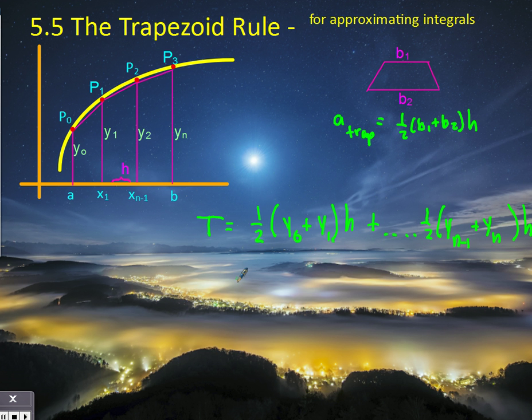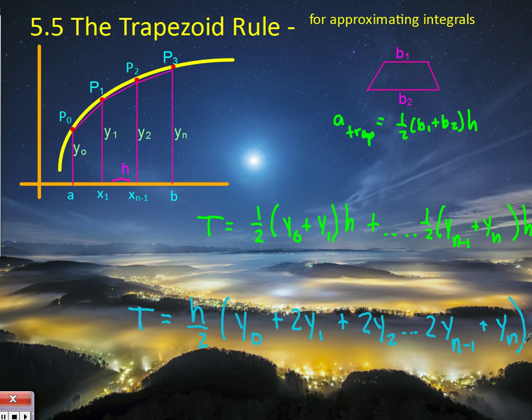I can simplify this expression by saying the following here in blue. You notice there's going to be an h on every trapezoid. H is the horizontal distance between all the trapezoids, so I can factor that out. When I factor out the h and I multiply it by 1/2, I would have h over 2. The y sub 0 value is only going to get used once.